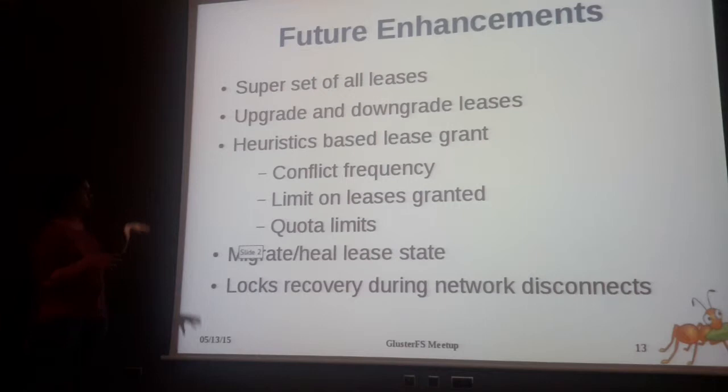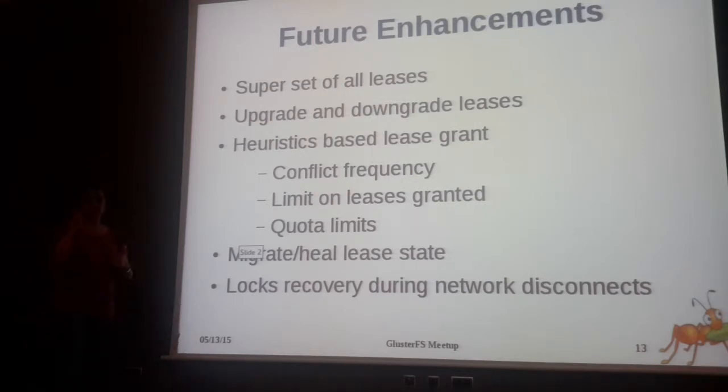So we are still in design discussions and brainstorming sessions on how to get the correct set of rules, what to support and what not to support. Finally, whatever we support on Gluster, any application, whether SMB, NFS or any other Linux application that uses leases, should be able to use this feature, and they shouldn't see any discrepancies while using these leases.